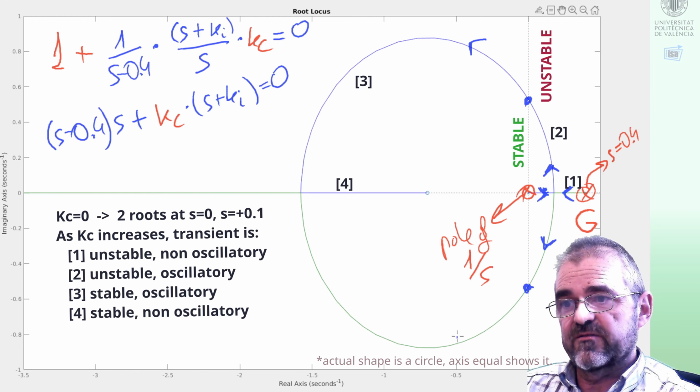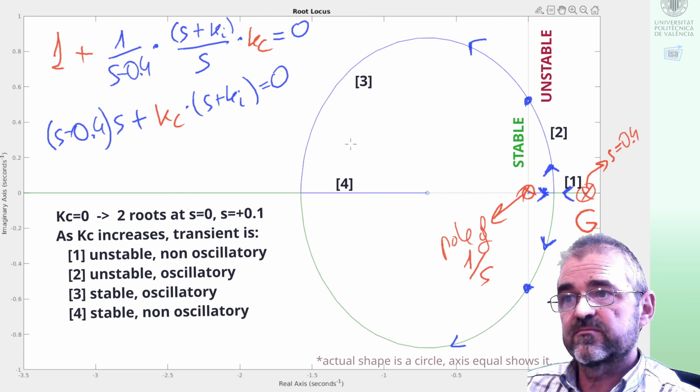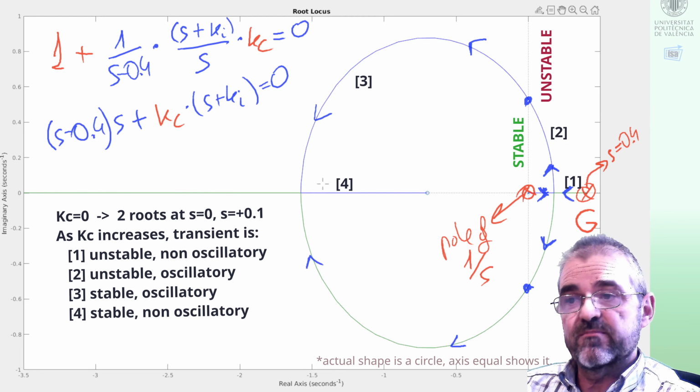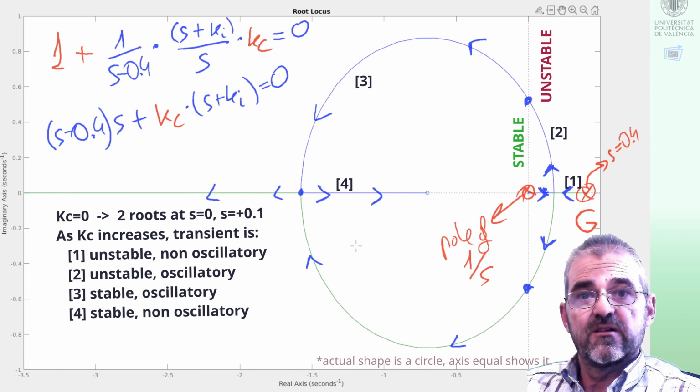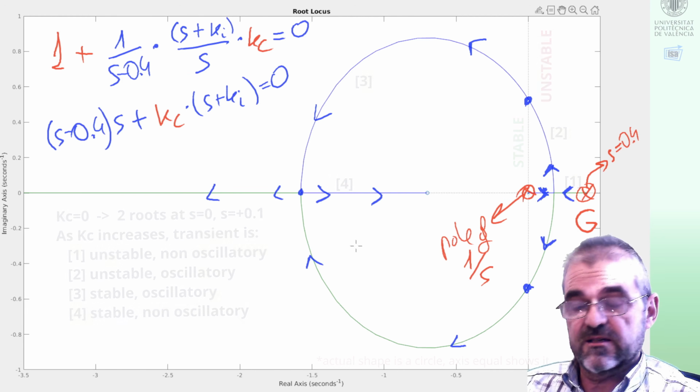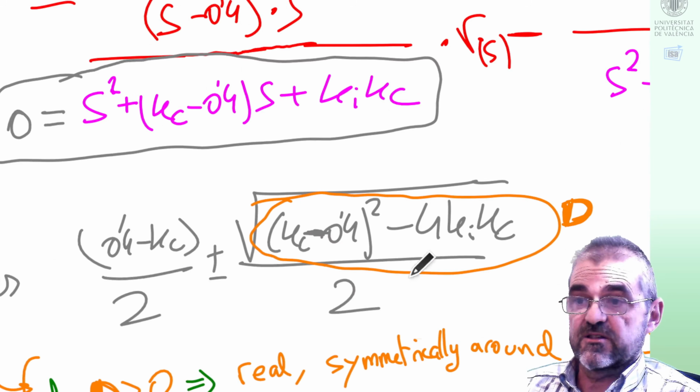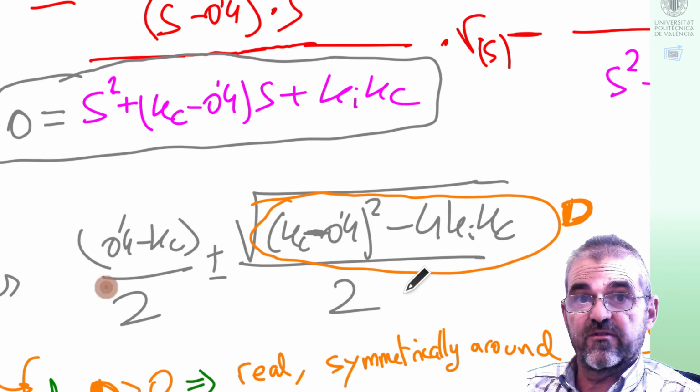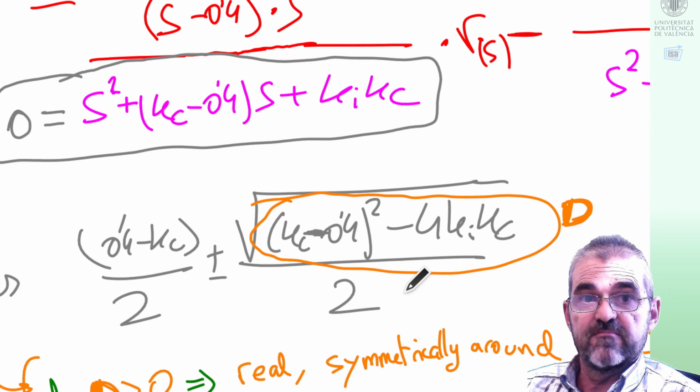Then we will have stable oscillatory roots, progressively more damped until they get real from this value of k onwards. So this is the kind of prediction that root-locus technique makes. That, as I said, has no theory but the roots of this as a function of kc in this particular case.